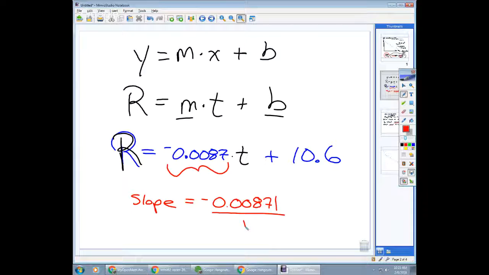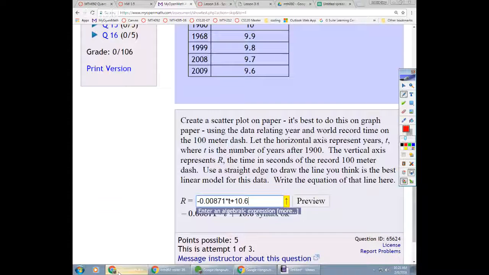That's the starting point. So the starting point for us would mean, well, what does 0 mean in this case for t? Since t is years after 1900, that would mean in 1900, that must have been the world record according to our model. Well, it was 19. Okay, but what did we define t to be, though? That's the question. It's not where the data starts.